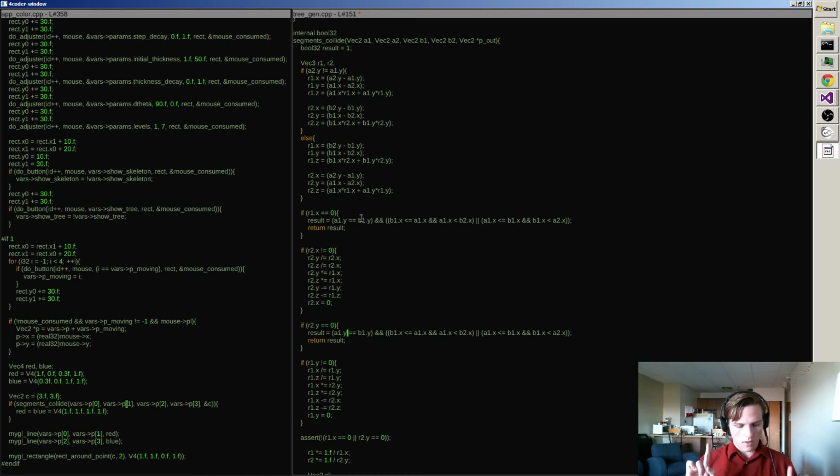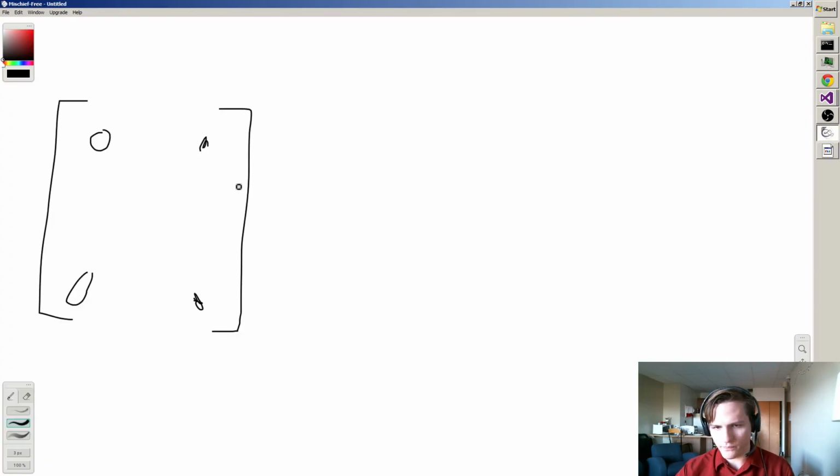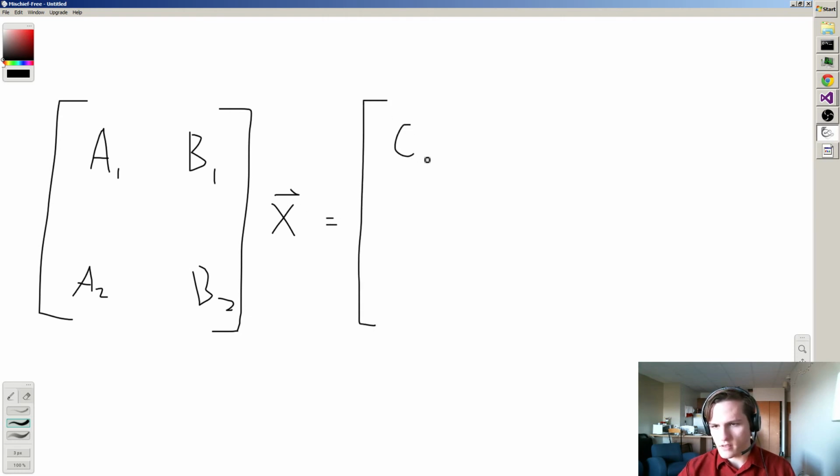Wait. Okay, I remember. So A1, B1, A2, B2, X vector equals C1, C... If I'm not mistaken, then what happens here is that these two lines are parallel.